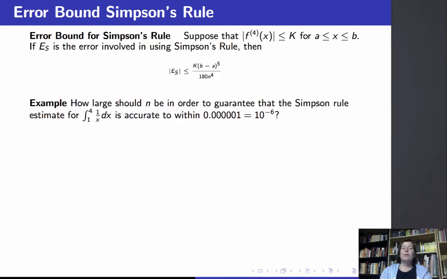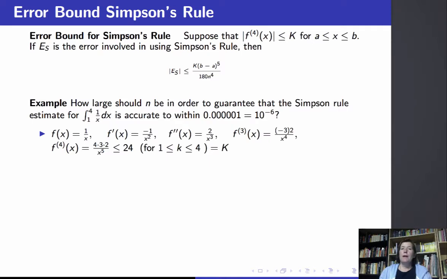So let's use this to choose an appropriate n to guarantee that the error we get when we make the Simpson's rule approximation to the integral from 1 to 4 of 1 over x dx is going to be less than 10 to the minus 6.